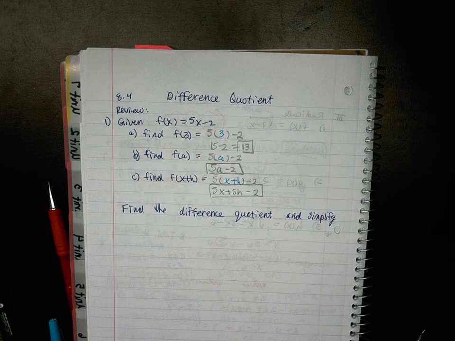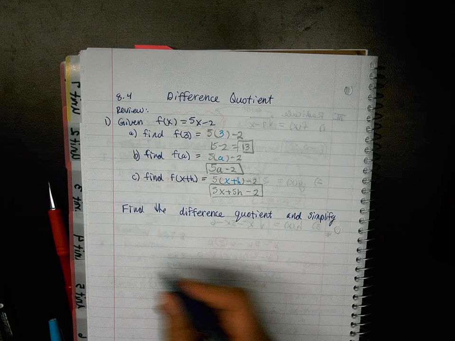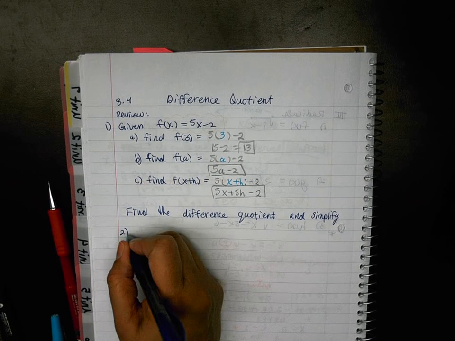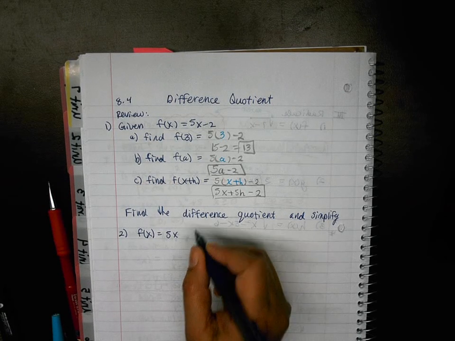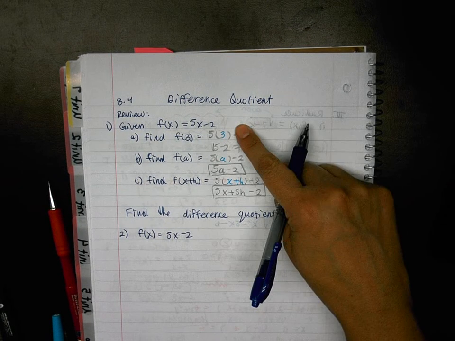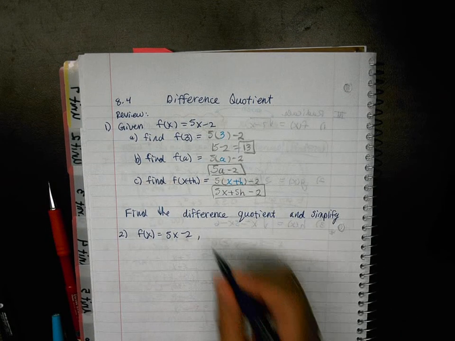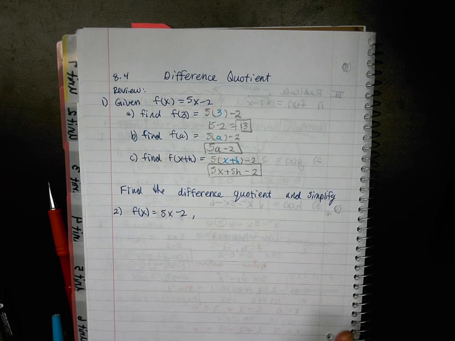Okay, number 2, f of x equals 5x minus 2. So we're going to start off with the basic one first. Is that what we started with up here? Yeah. Okay. Comma, here's the difference quotient.